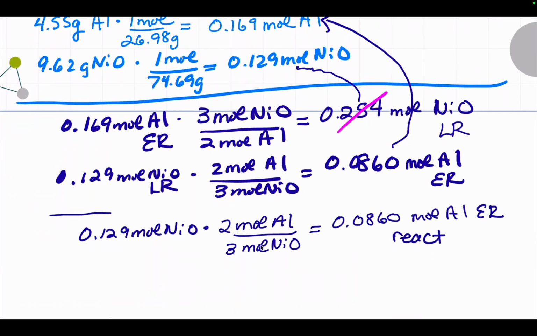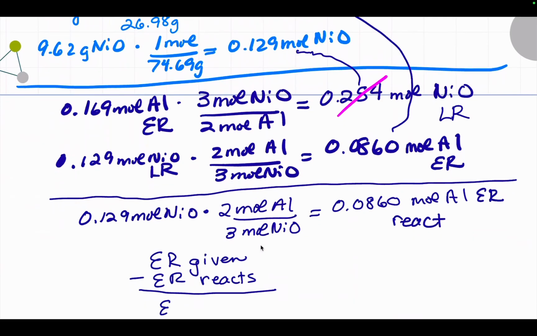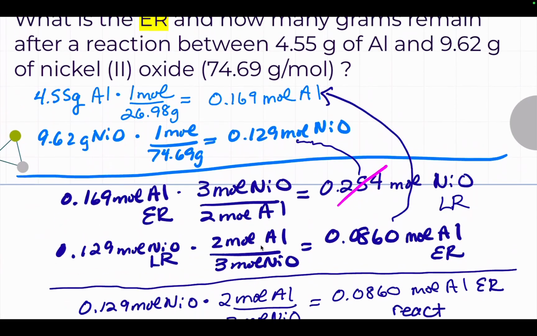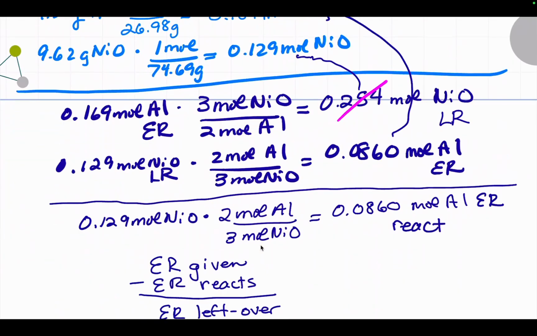What I do is take the amount of excess reactant given in the question, subtract the amount of excess reactant that reacts, and that tells me how much excess reactant is left over. So in the question, my excess reactant, I was given 0.169 moles of aluminum, and I just calculated that I'm going to react this much.